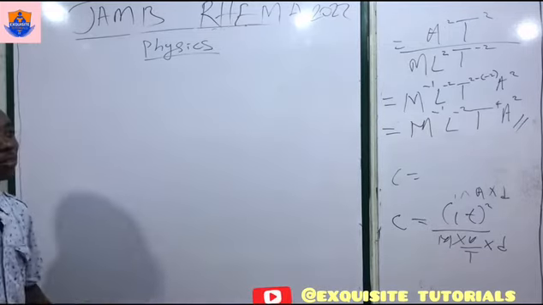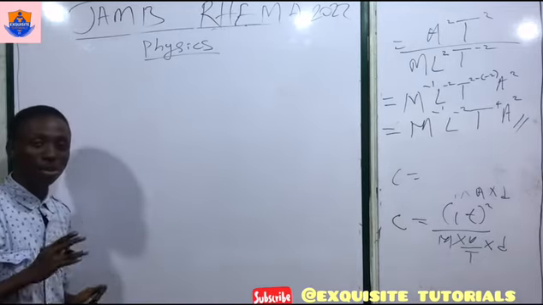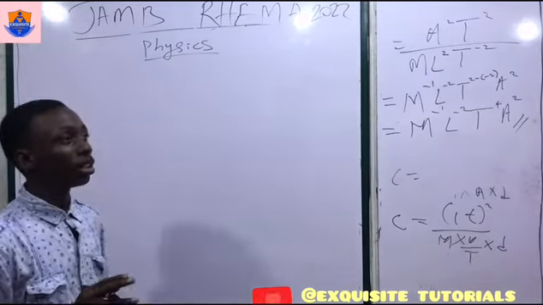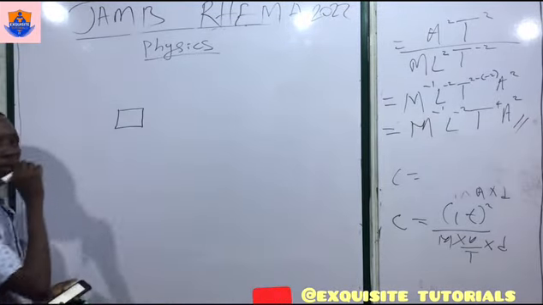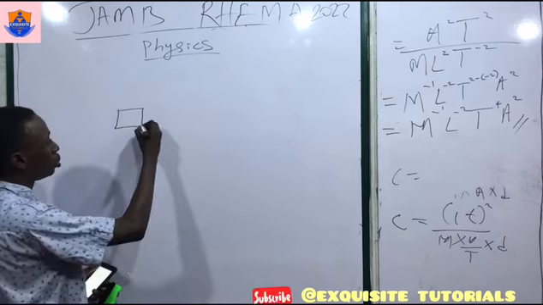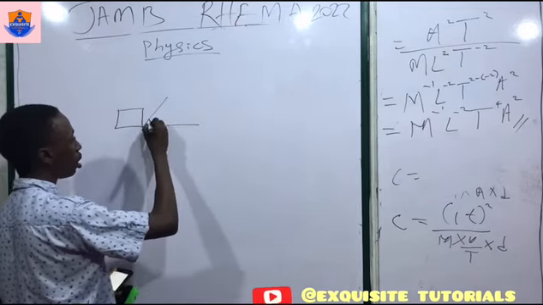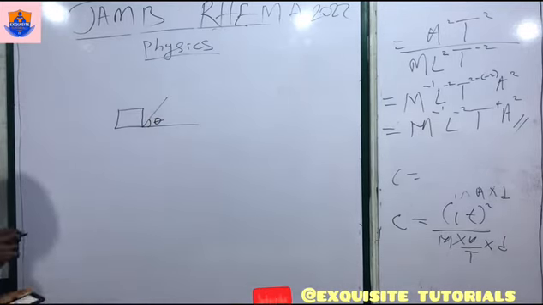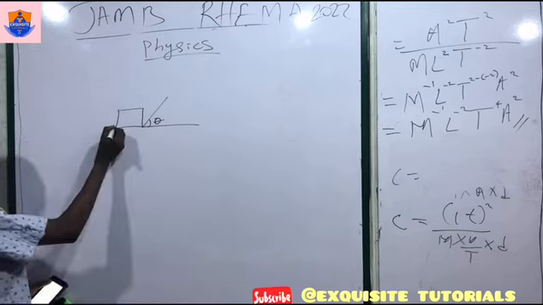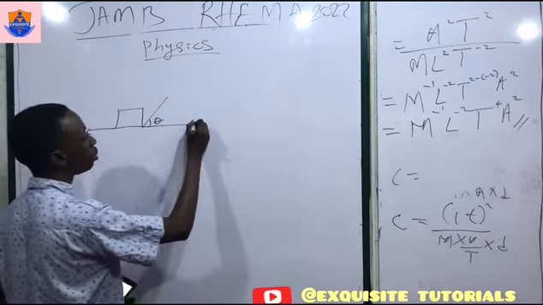Let's say we have a problem like this. We have a block being pulled at an angle theta to the horizontal. Then we have frictional force acting here, and then the normal force.